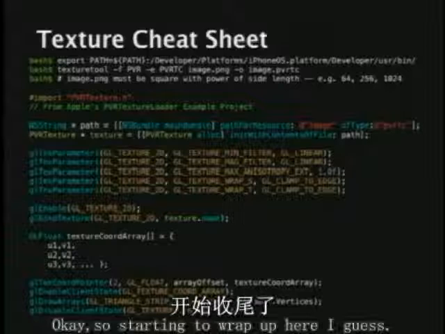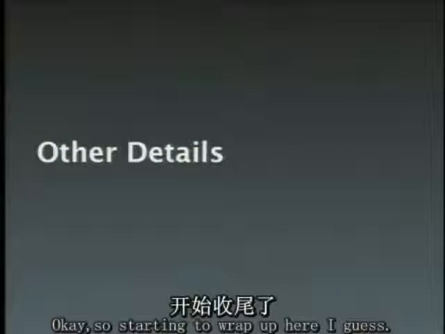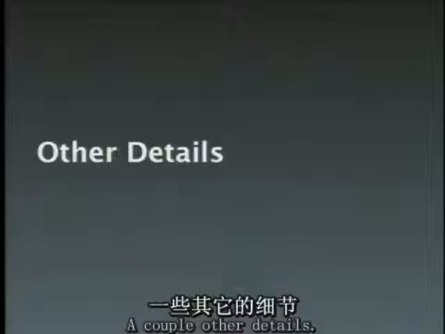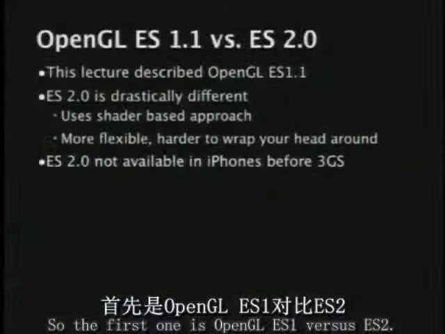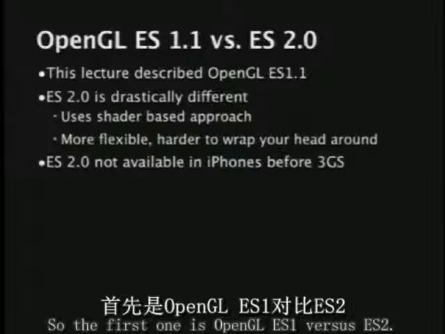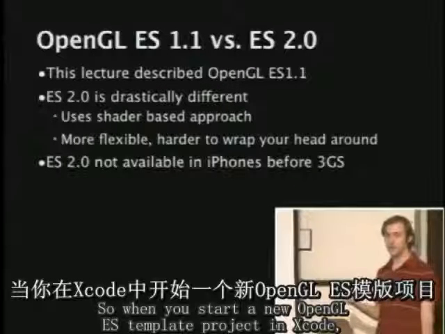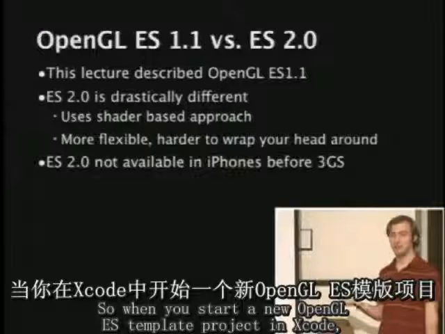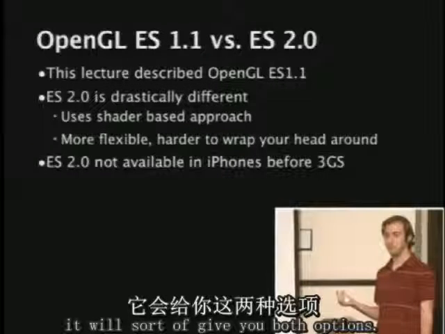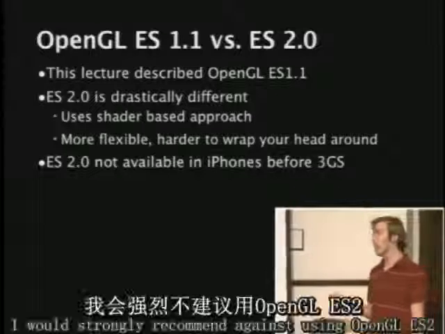OK. So starting to wrap up here, I guess. A couple other details. The first one is OpenGL ES1 versus ES2. When you start a new OpenGL ES template project in Xcode, it will give you both options.